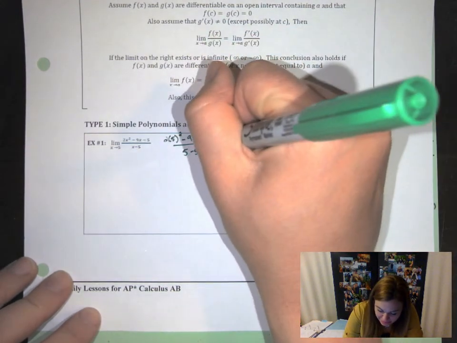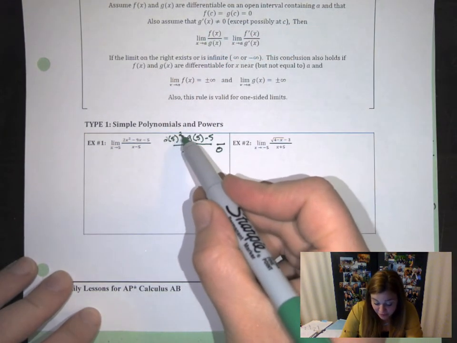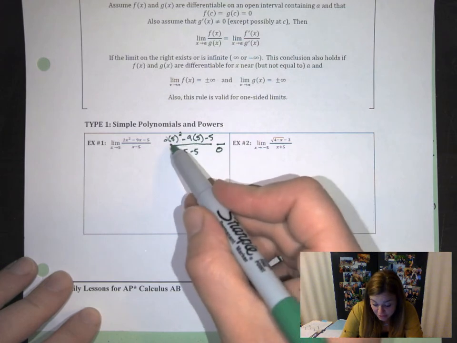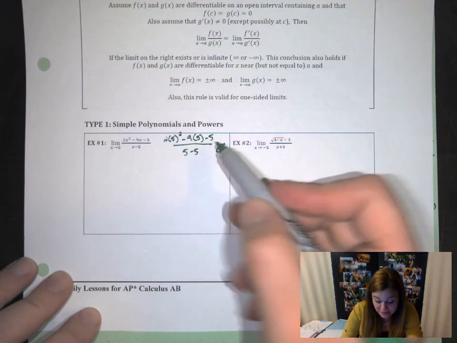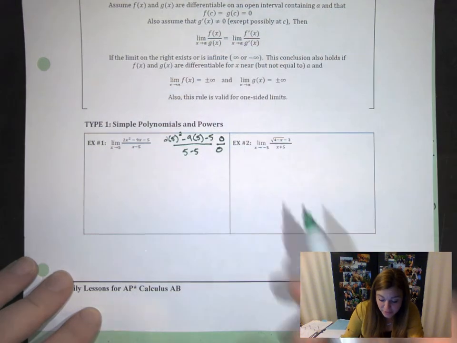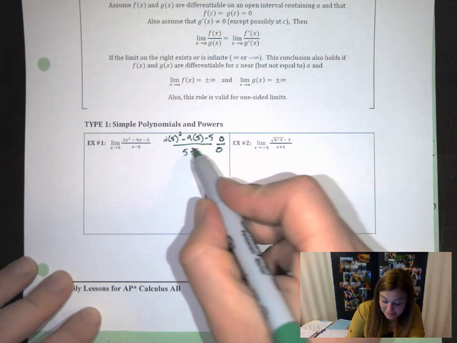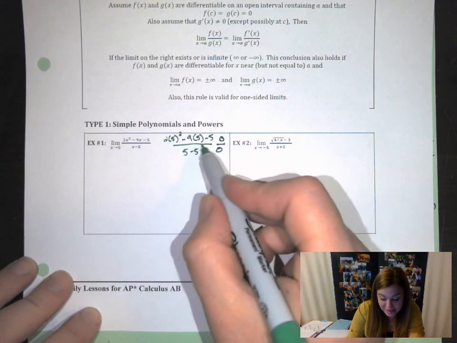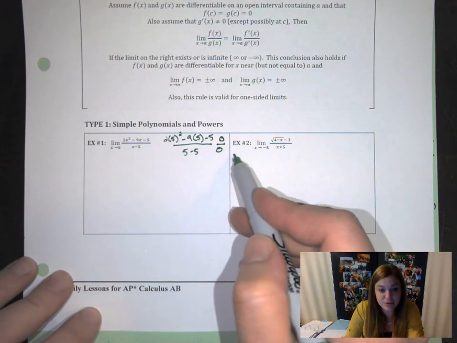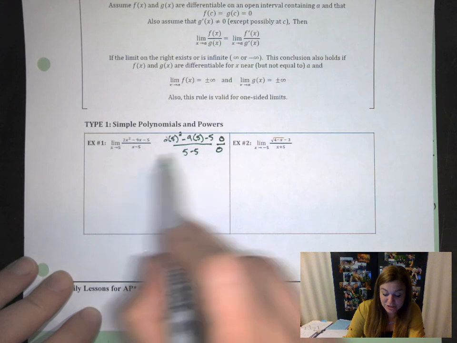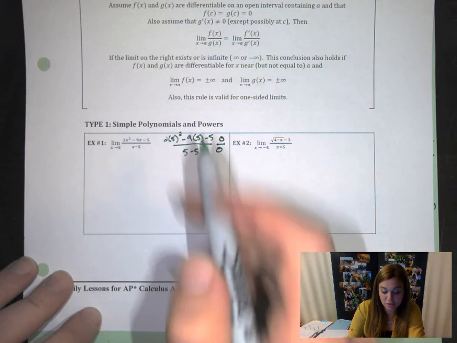And the limit still might exist. In the numerator, 5 squared would be 25 times 2 is 50 minus 45 minus 5. Oh, I get 0 again. As soon as you see this, L'Hopital's can be applied. I didn't even write equals anything because this limit isn't equal to 0 over 0. I just got 0 over 0 and now I know L'Hopital's applies.